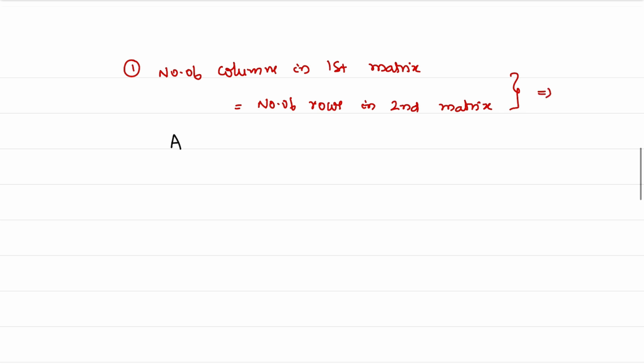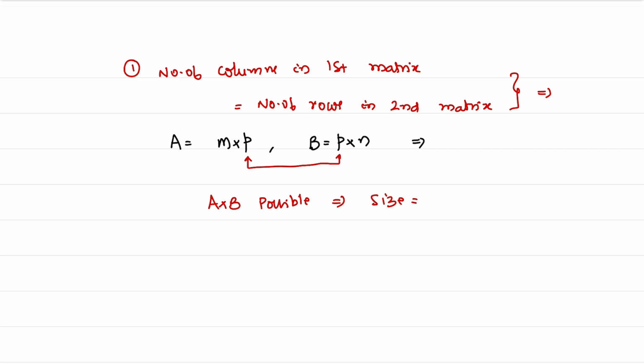Example, if A is of size M into P, first matrix, and B is P into N, then because the P columns in A are equal to the P rows in B, A into B is possible, and the size will be, removing this P in between, M into N.